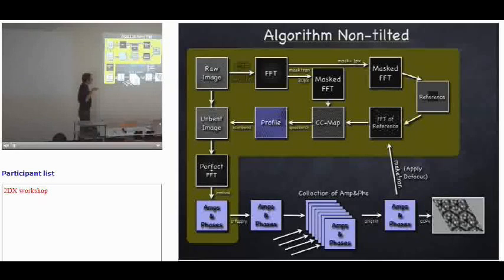And when you have a merged data set, you can use MakeTran to produce your perfect reference. And in this case, you apply the defocus, so the perfect reference has a tone ring, as we have seen it. And this is then much better as a reference than the Fourier filtered reference here.